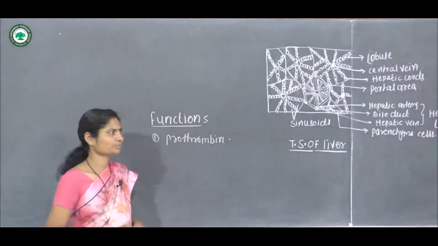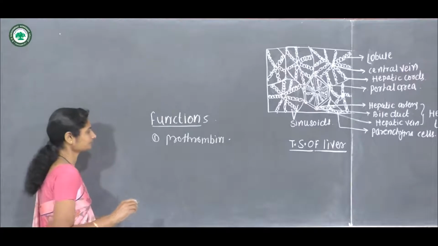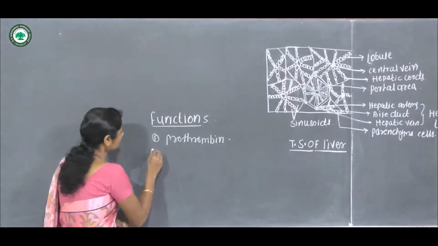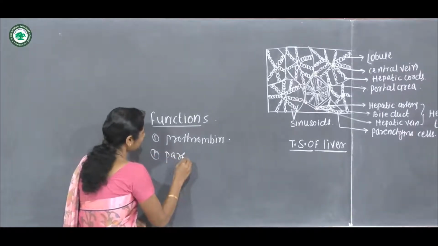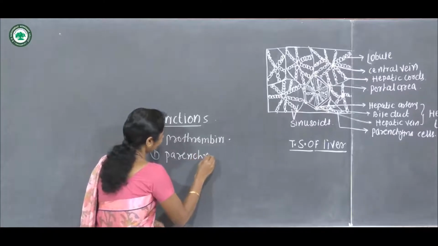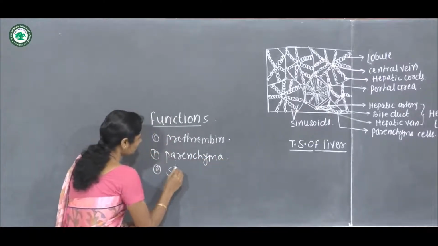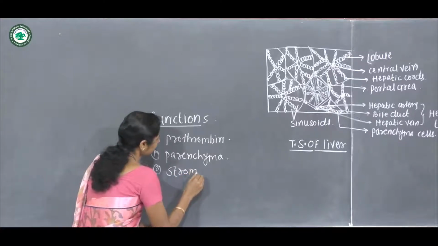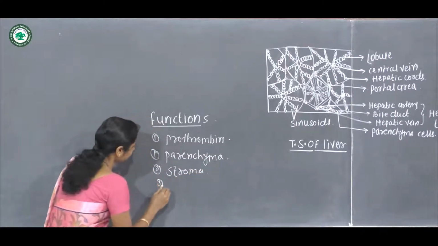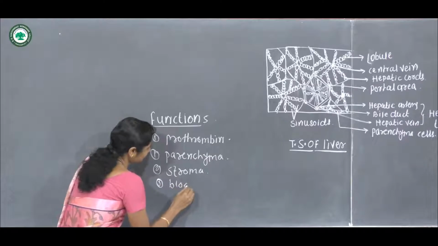This microscopic structure has 3 components. The first component is parenchyma, the second component is stroma, and the third component is blood channels.